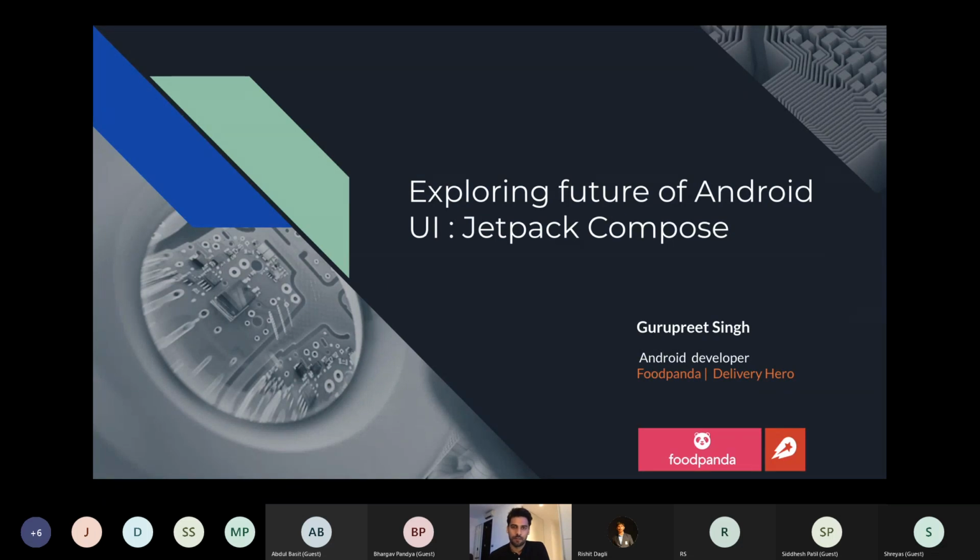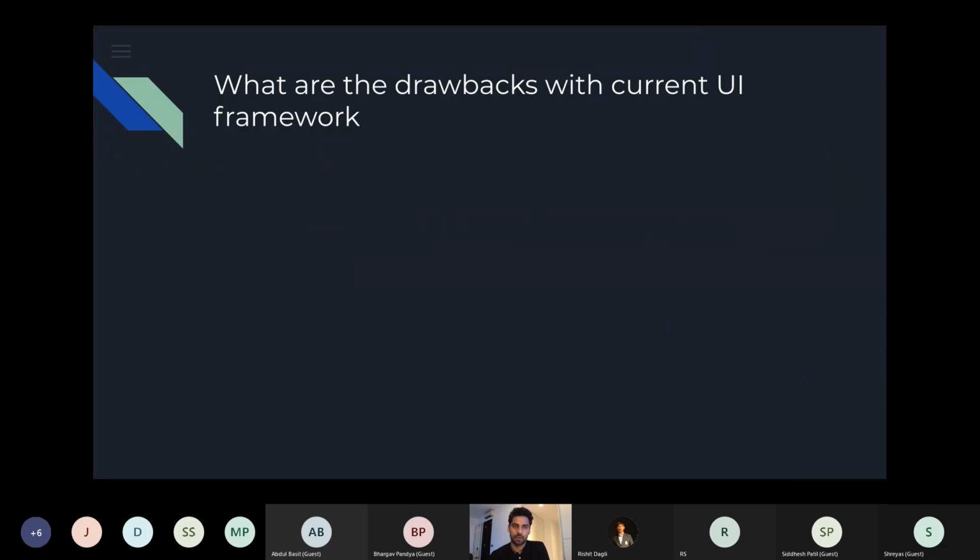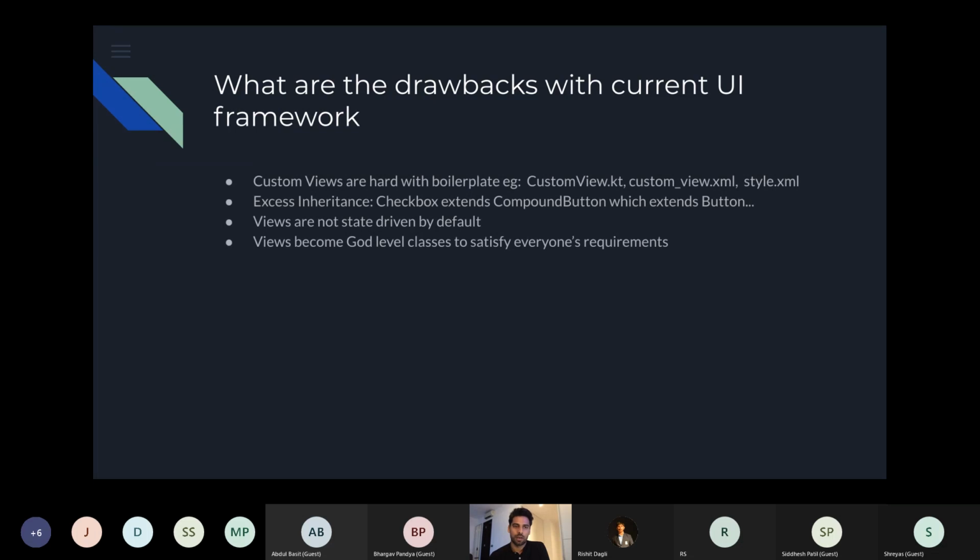Before we dive into the future, let's see what the current drawbacks are that we face when designing UI with the current Android framework. Our custom views are very hard. They have a lot of boilerplate code, like custom view XML and style files, that you have to create just to create your custom button or custom text.